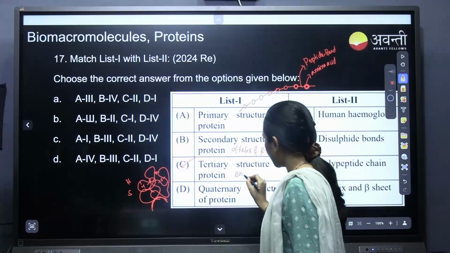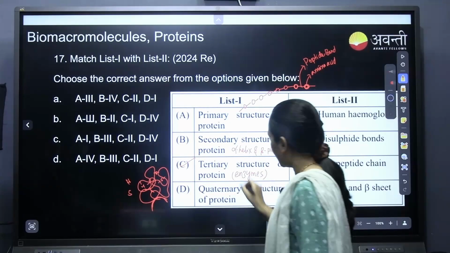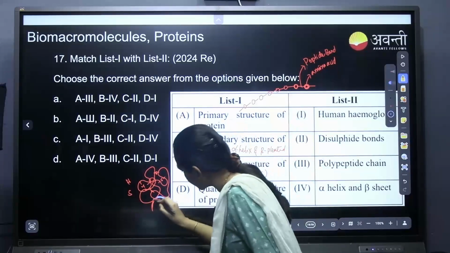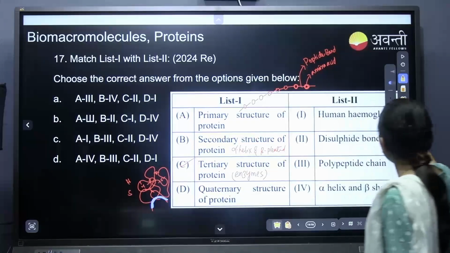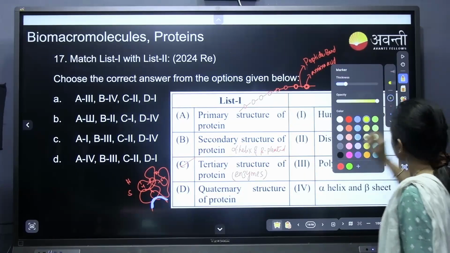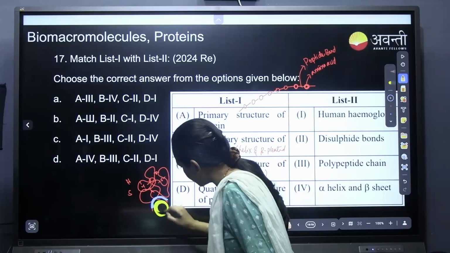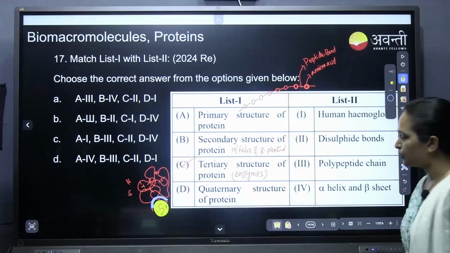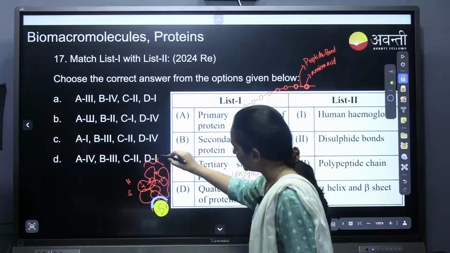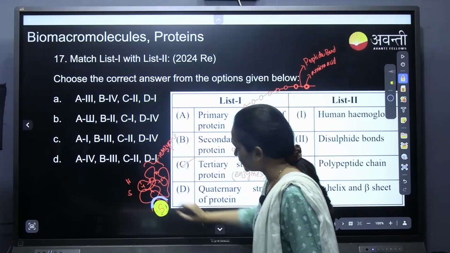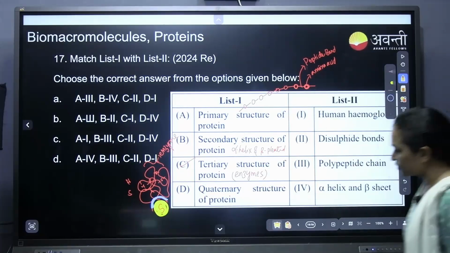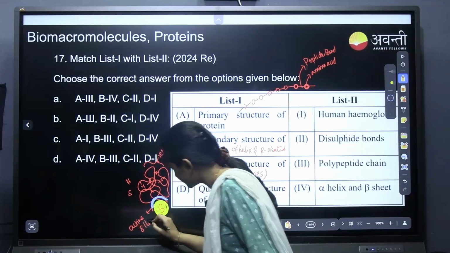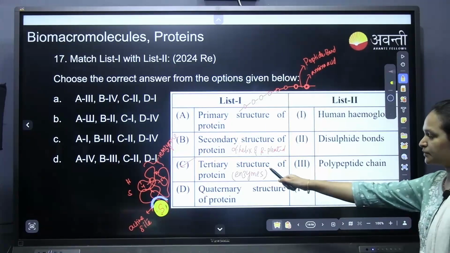Most enzymes are of tertiary structure. This whole thing is the enzyme, and this is the substrate. This pocket-like structure we call the active site. So most enzymes are in tertiary structure.